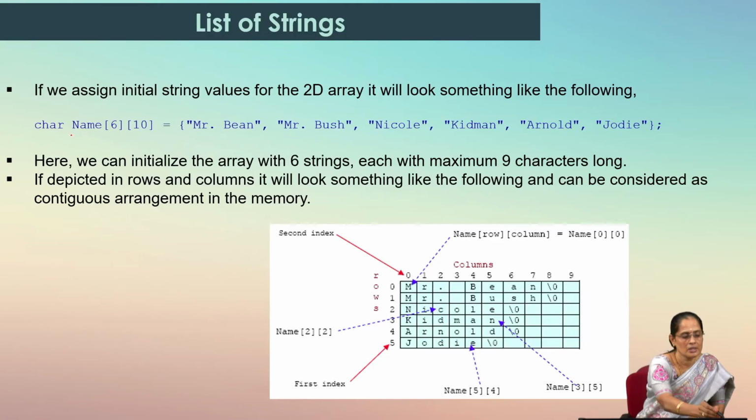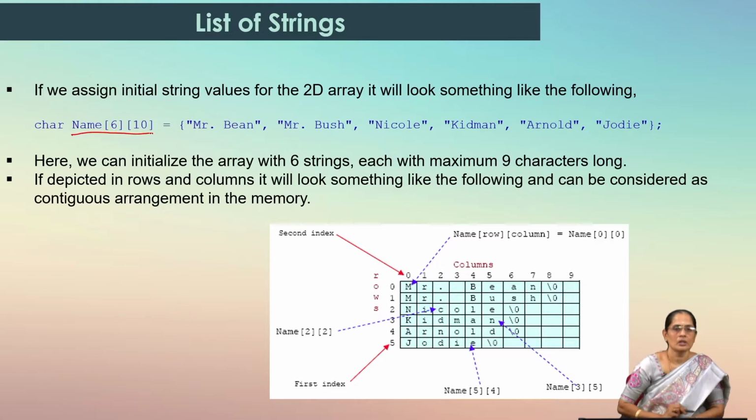There is an example given here. The name is an array declared with 2 dimensions, 6 and 10. It means that it can have 6 rows and 10 columns. 6 rows can store 6 strings. Each string can have at the maximum 10 characters.